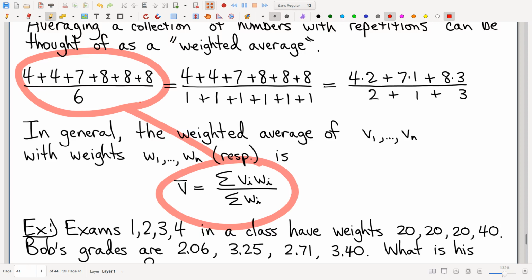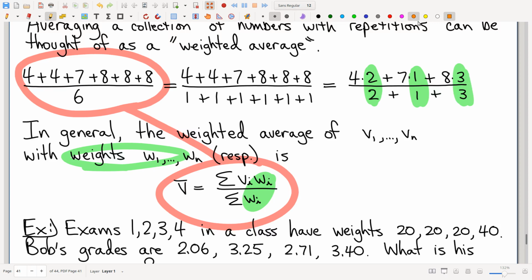And so in particular, the weights, these numbers right here, are 2 for the 4 that's contributing, 1 for the 7, and 3 for the 8. So these 3 numbers, 4, 7, and 8, have these weights, 2, 1, and 3.